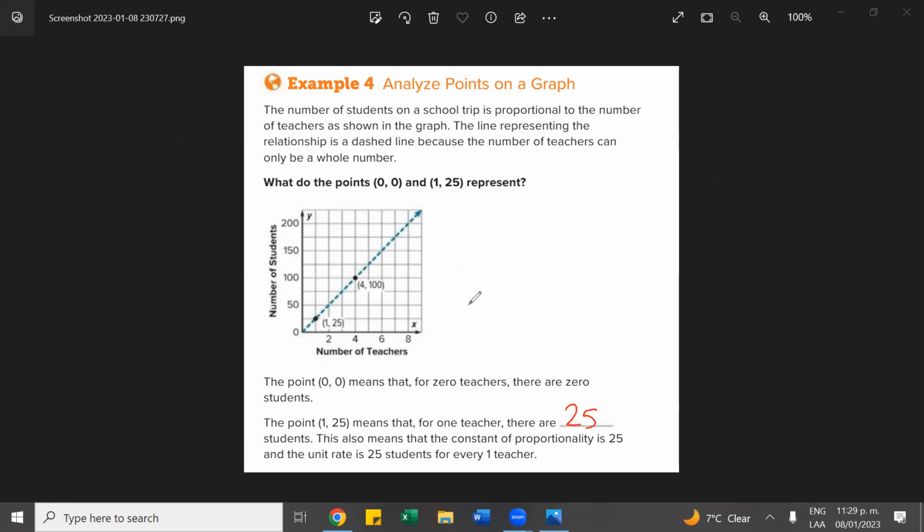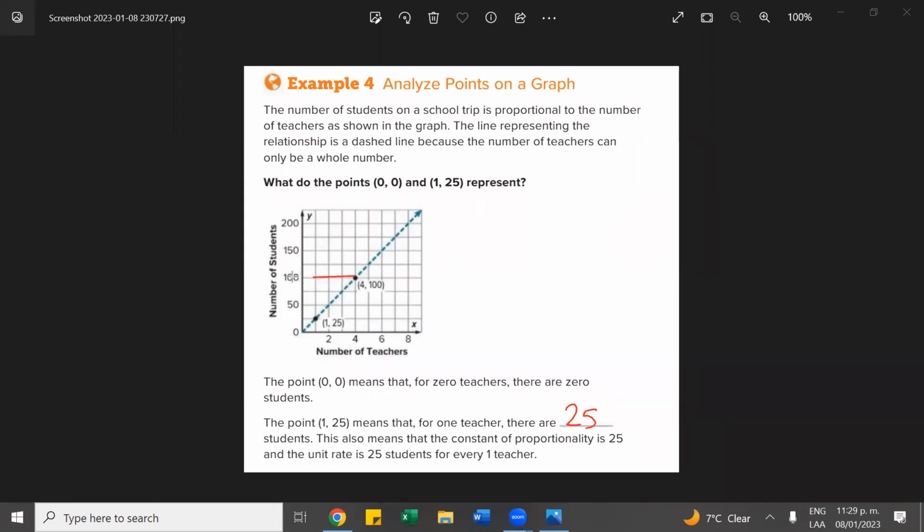This also means that the constant of proportionality is 25, and the unit rate is 25 students for every 1 teacher. If we use any of these points to find the constant of proportionality, we will find out that it will be 25. Let's do it with this one.